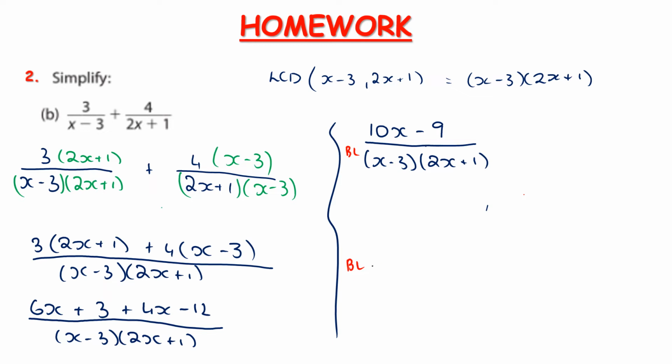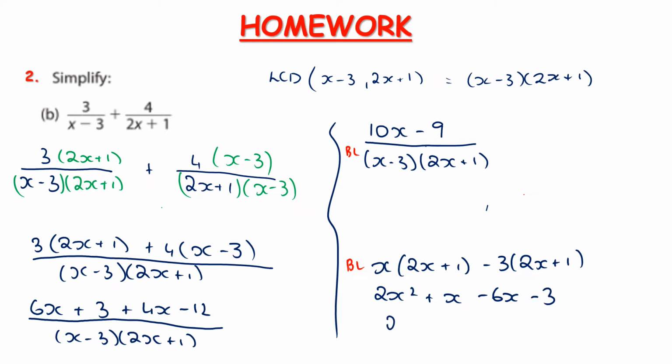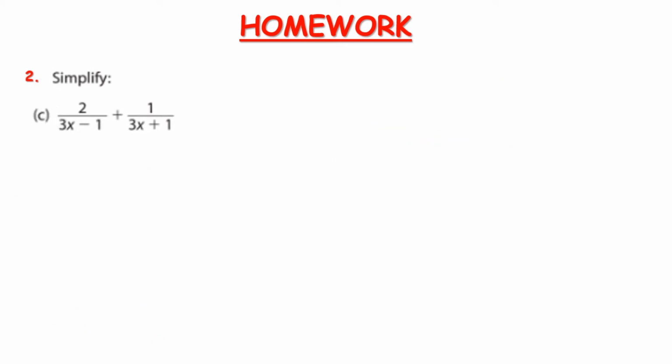We get x times (2x plus 1) minus 3 times (2x plus 1). That gives us 2x squared plus x minus 6x minus 3, so 2x squared minus 5x minus 3. So our final answer is (10x minus 9) all over (2x squared minus 5x minus 3).